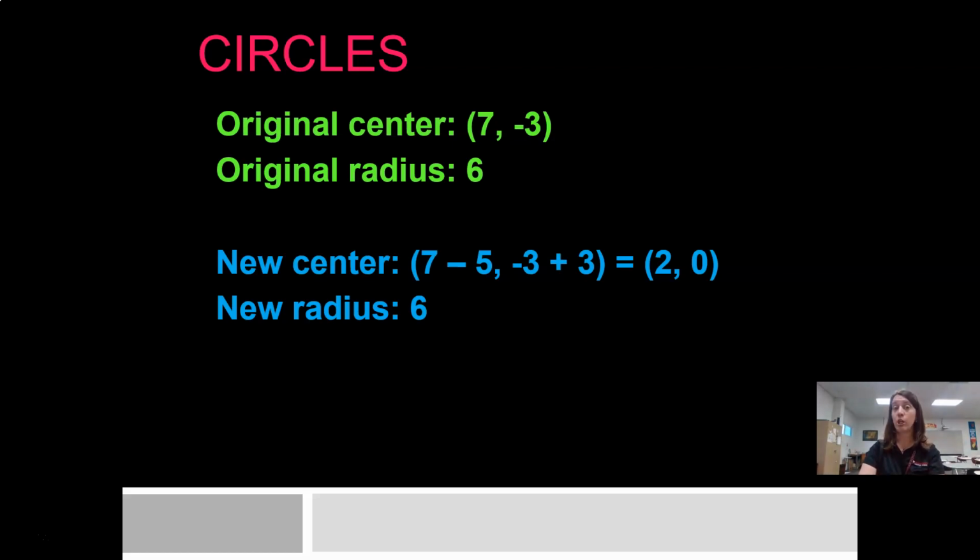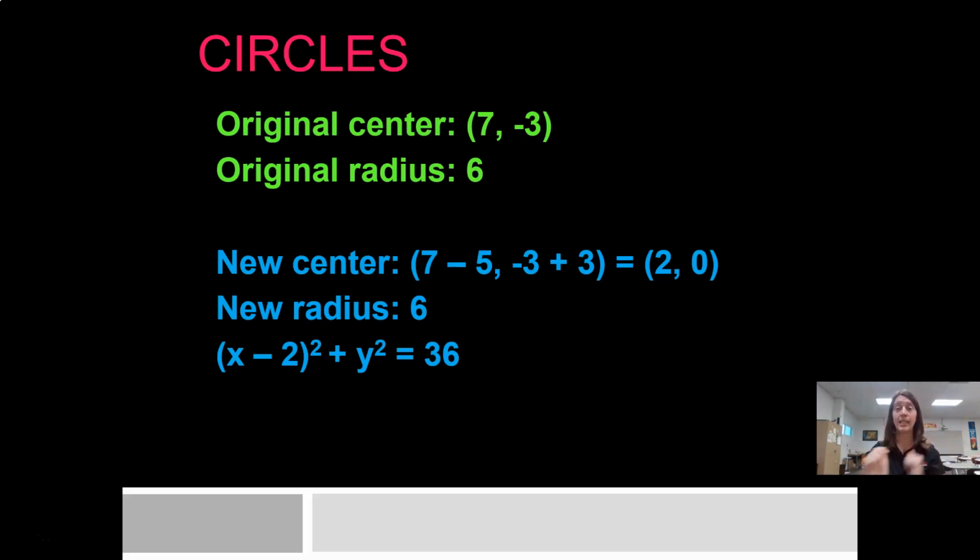What does that equation look like? Again, we're putting the opposite inside of our parentheses. So my first parenthesis would say (x - 2)². Now, notice the y that I would be putting here is 0, so it would say (y - 0)², but minus 0 doesn't do anything, so I just left it as y².